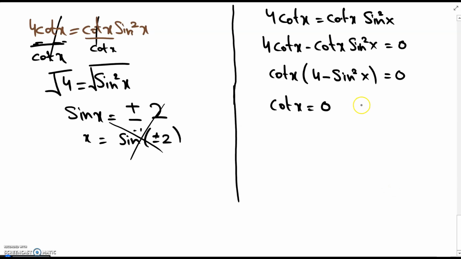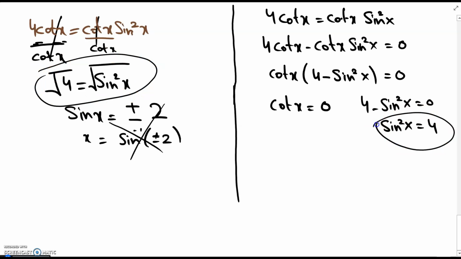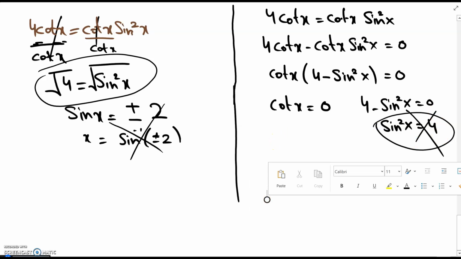or 4 minus sine squared x equals 0, and then sine squared x equals 4. And it's the same thing that we did right here, correct? This will not give anything. Now what do you have? You have cot x, right?